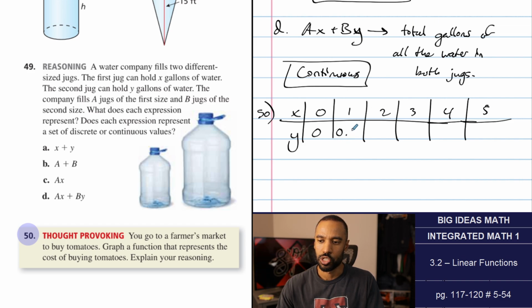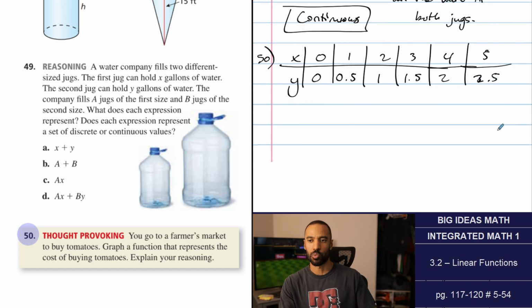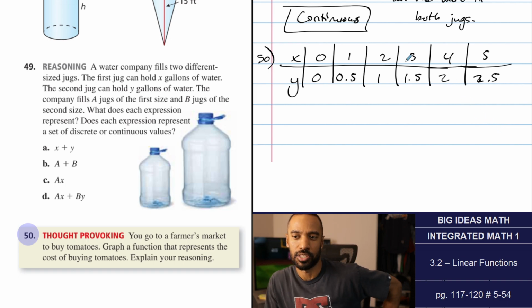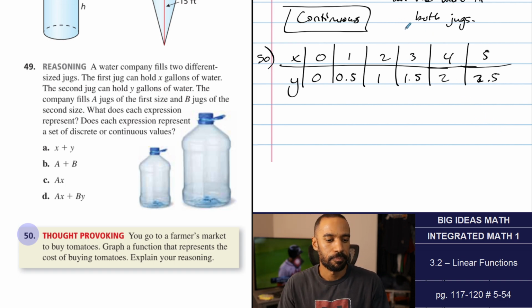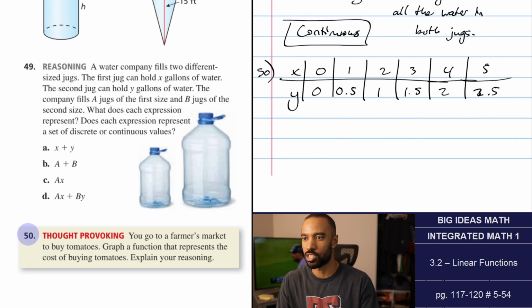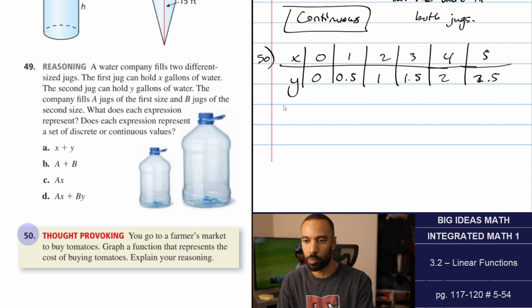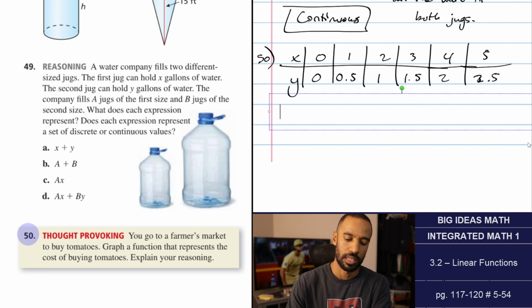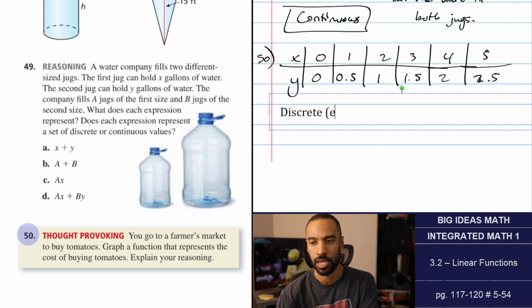Zero monies, $0.50, $1, $1.50, $2, $2.50. Maybe there's a way of buying in bulk, but that's generally not the case at a market. It says explain your reasoning. My explanation will be first here. First of all, this is discrete. Either you buy the tomatoes or you don't.